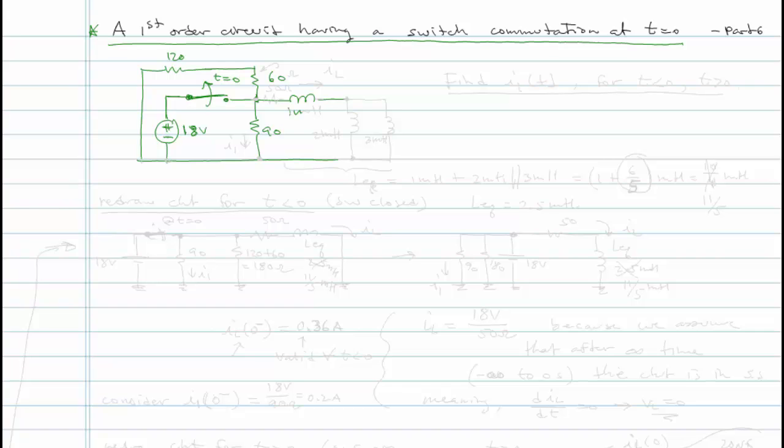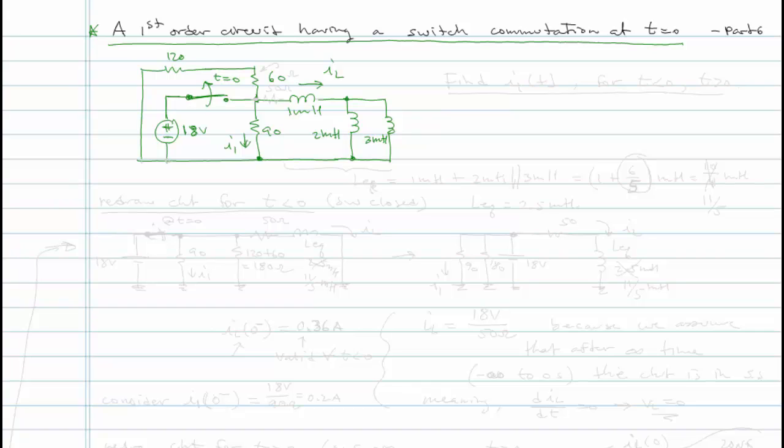We have a 1 millihenry inductor, and then a 2 millihenry inductor, and then a 3 millihenry inductor. We have this current we call IL here, and we're going to call the current going down through the 90 ohms I1.